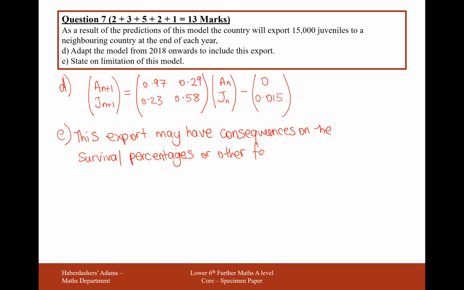Okay, so anything you can think of there that links it back to the original question, as long as it makes sense according to the question, is absolutely fine. So you have to really link it back to the context of the question. Alright, 13 marks.